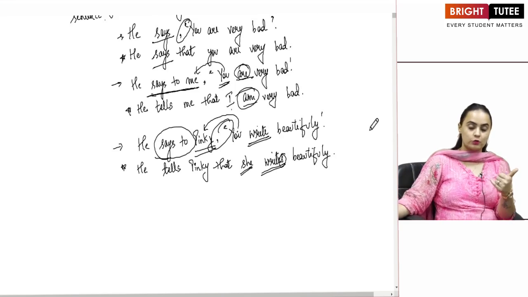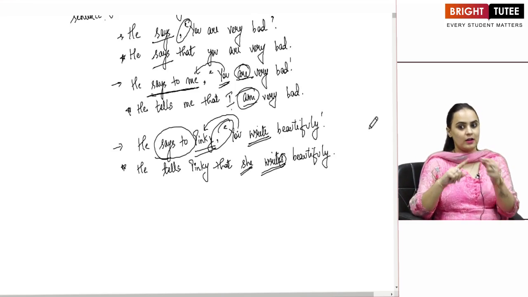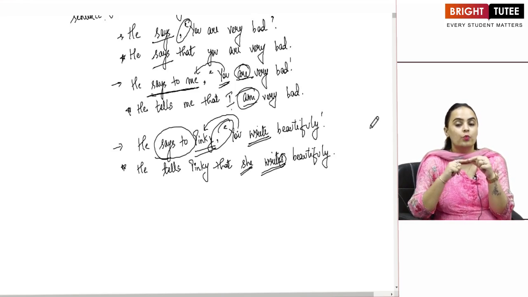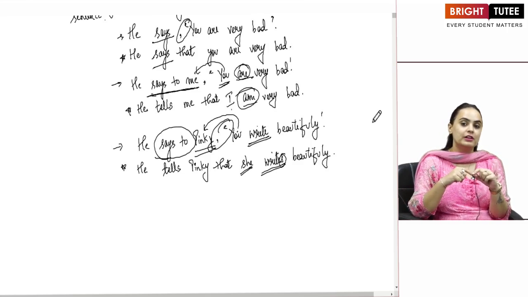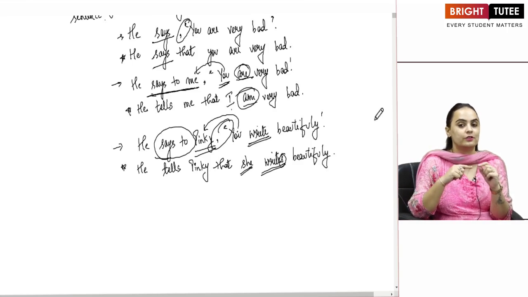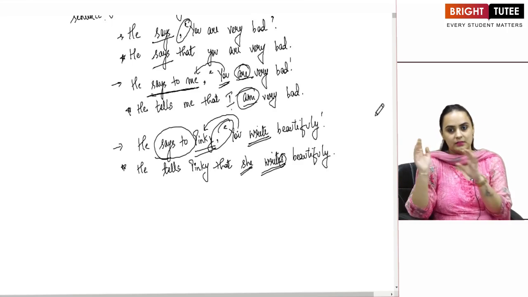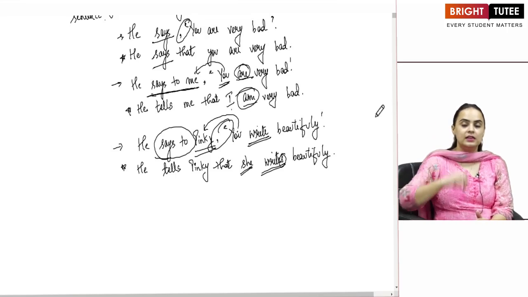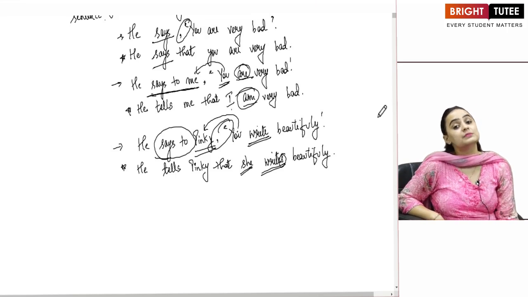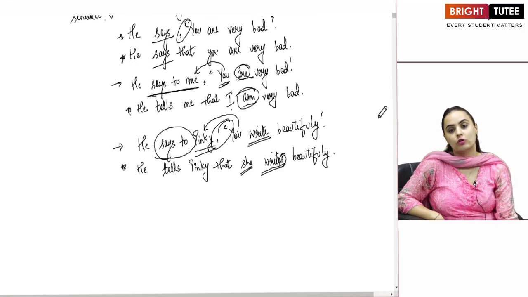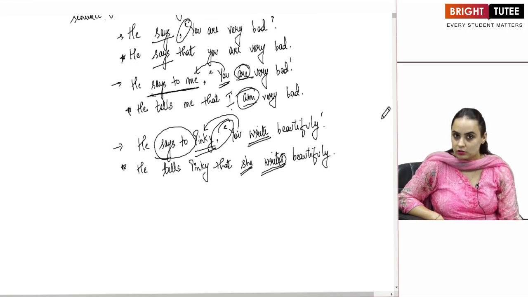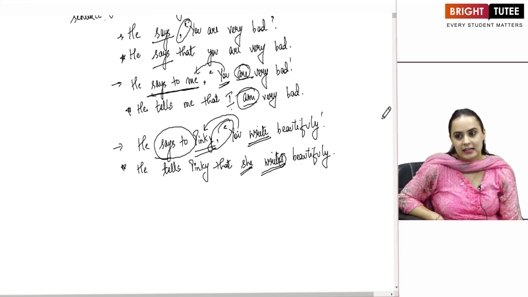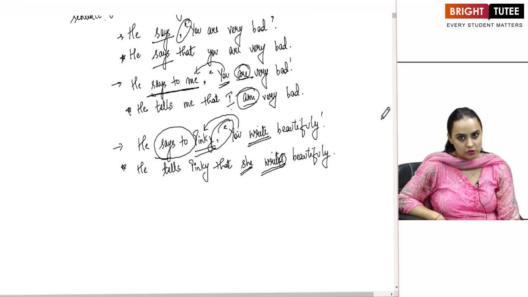So I told you three things so far. First, when my reporting verb is either in simple present tense or the simple future tense, the tense of my reporting speech will not change. Second, when my reporting speech is talking about a universal truth, then also the tense of the reporting speech will not change.